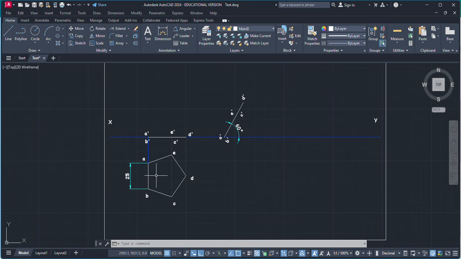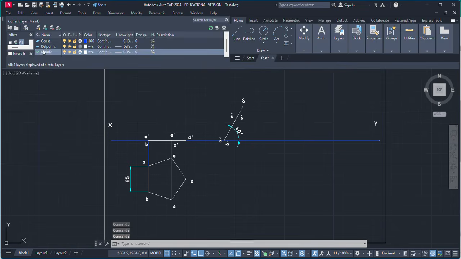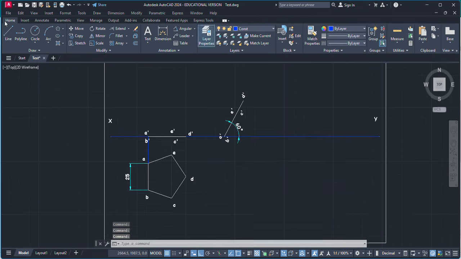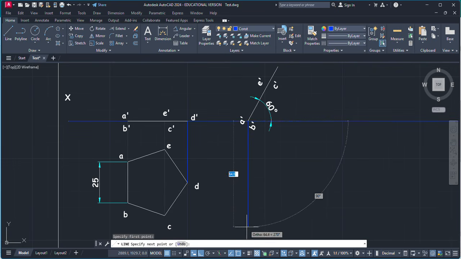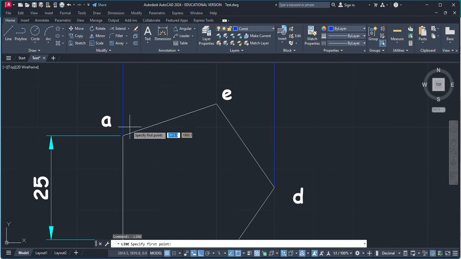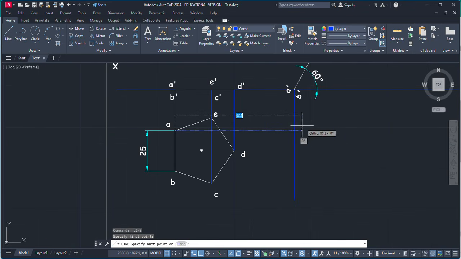This length will be a little shorter. The resulting top view will be a little shorter than this one. So just trace this out. We need to trace this point A and B. From this point create a vertical line, and from point A draw a horizontal line which will intersect here, and from point B create a line which will intersect here.